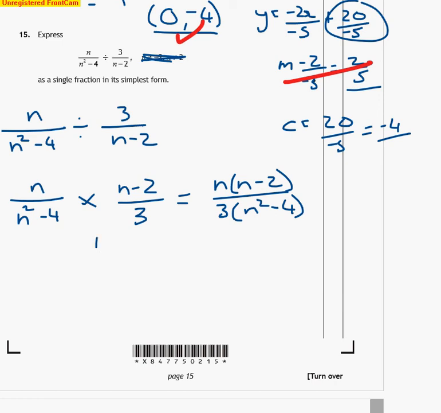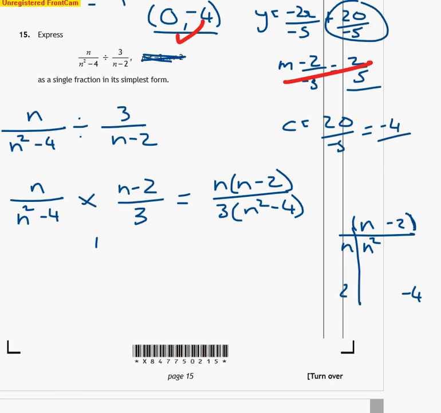Okay, so if we draw a little table, this is the way I like to do it. I've got n squared, and I've got minus 4. So my two brackets, this is kind of one bracket, and this is the other bracket over here. I'm going to have an n and an n. What's that final number going to be? Well, to get minus 4, it could be minus 2 and 2.